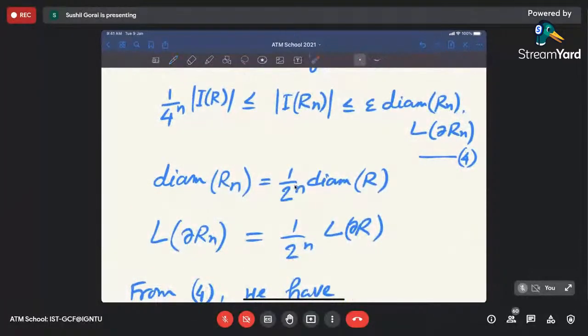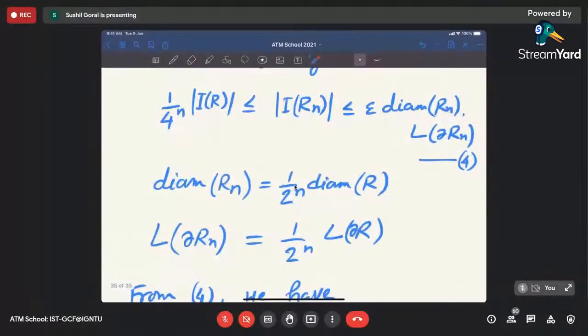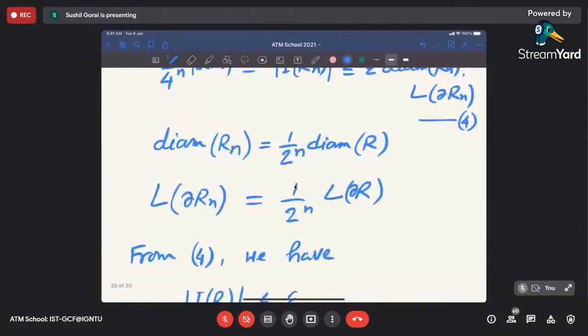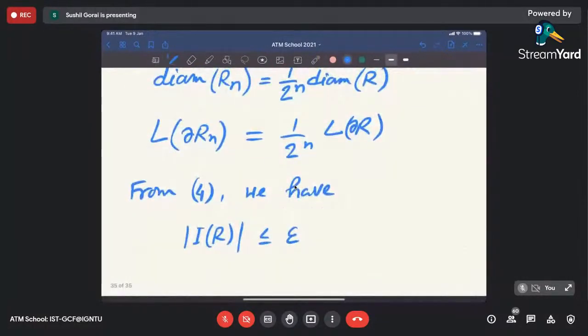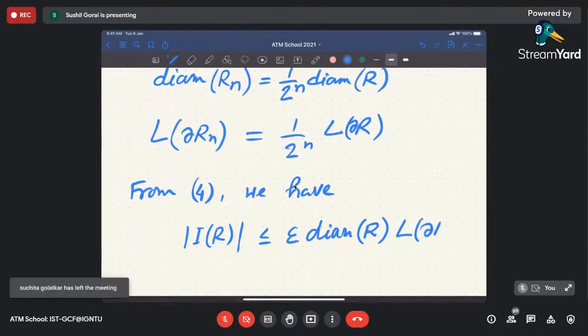So this 1 over 2 to the power n cancels with this one. If you put it here and here, this one will be the diameter of R and then the length of ∂R.